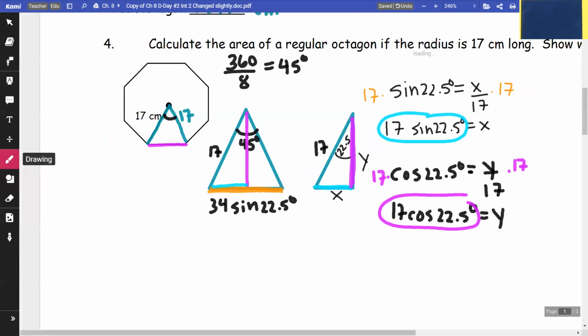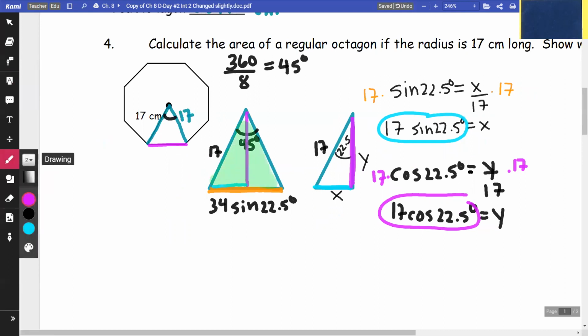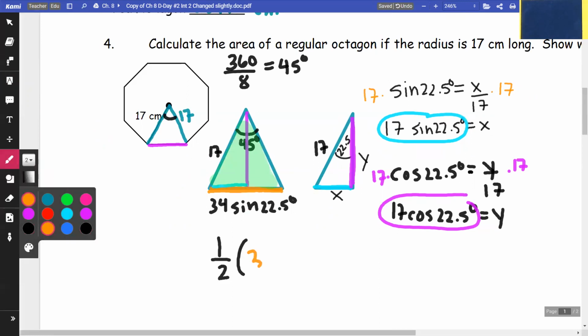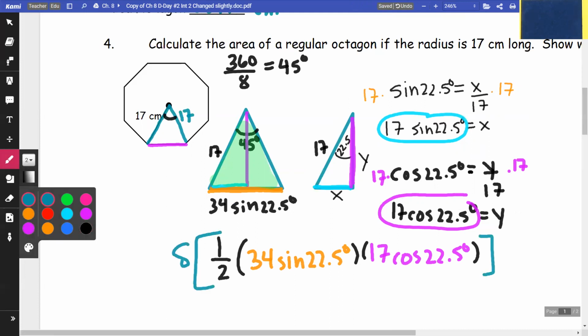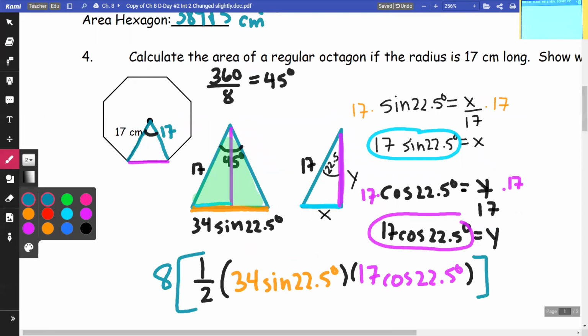So to find the area of my whole entire triangle here, I'm going to take 1/2 times my base, which is the 34 sine of 22.5 degrees, times my height, which is 17 cosine of 22.5 degrees. And that's one triangle. We have 8 of them. And so I'm going to put all of this into my calculator, making sure that my calculator is in degrees.